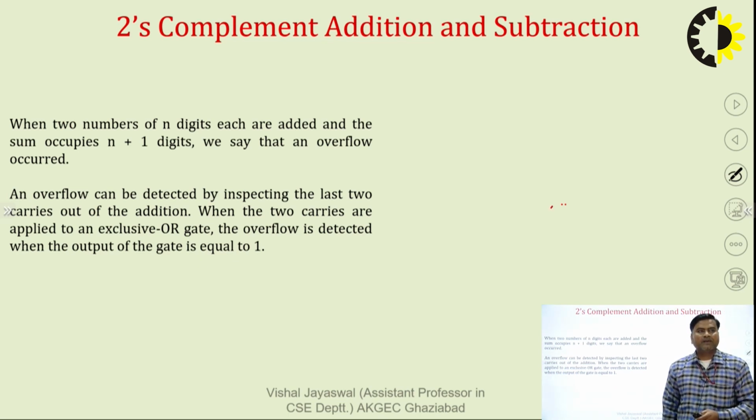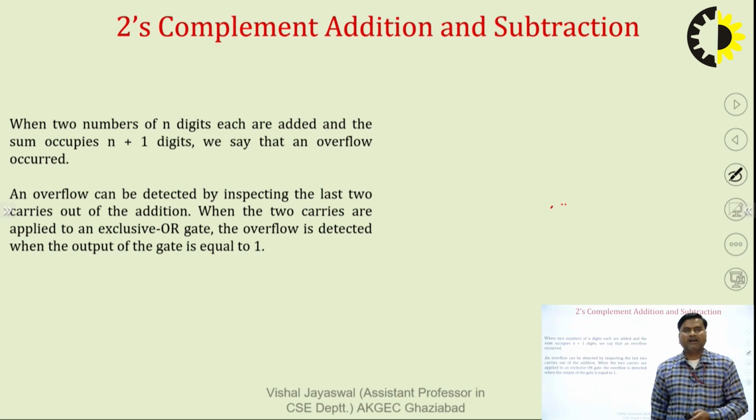When two numbers of n digits are added and the sum occupies n plus 1 digits, we say that an overflow occurred. An overflow can be detected by inspecting the last two carries out of the addition. When the two carries are applied to an exclusive OR gate, the overflow is detected when the output of the gate is equal to 1.